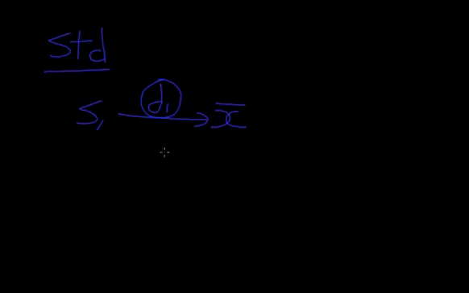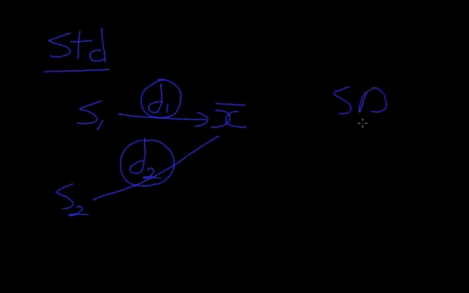So the standard deviation produces you, let's imagine that sample 2 is here, and that's the distance 2, and basically the standard deviation at the end of the day is some arrangement of all the distances, related to the distance each sample is away from the central tendency or the mean of the sample.